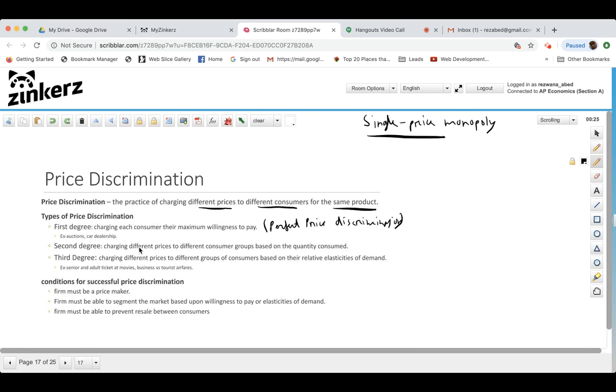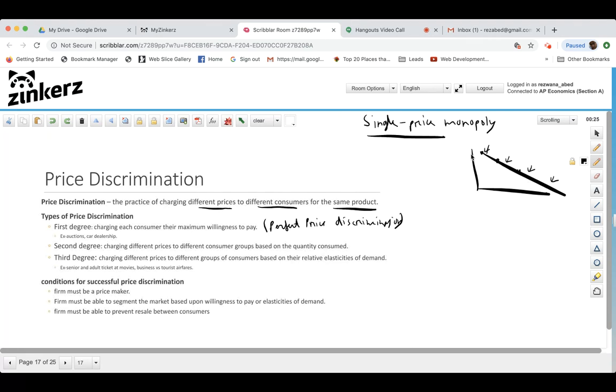pay. So if you think about when we talked about willingness to pay, way back, it is essentially reflected on your demand curve, right? Different people here have different willingness to pay for a product. This person has the highest willingness to pay, somebody over here has a lower willingness to pay, somebody over here has even lower willingness to pay.